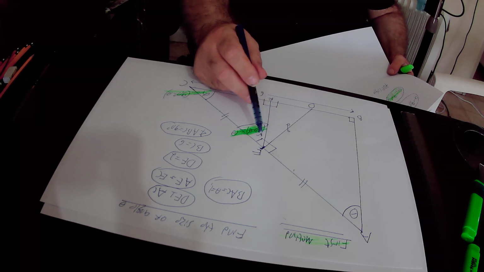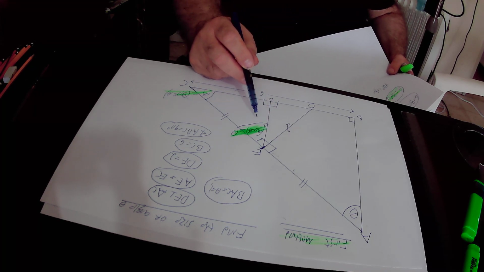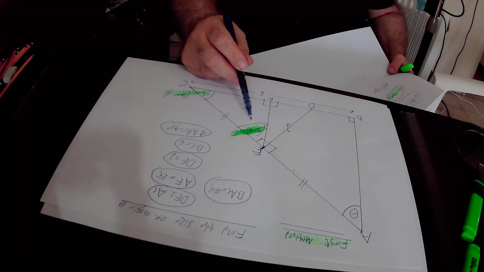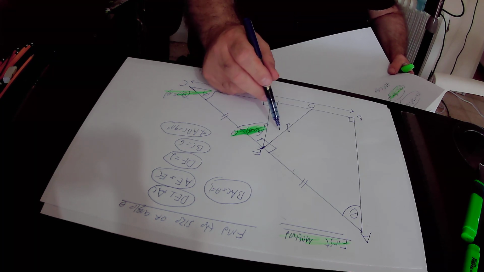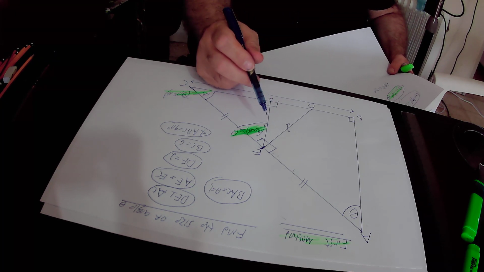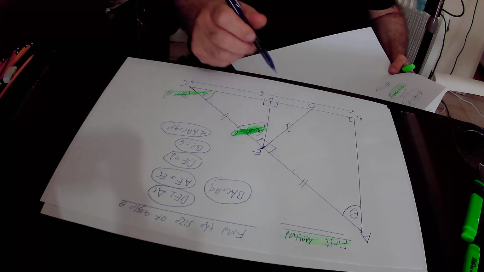So angle DEC minus this angle, that is angle FEC, will give us the value of this angle, that is actually angle DEF.